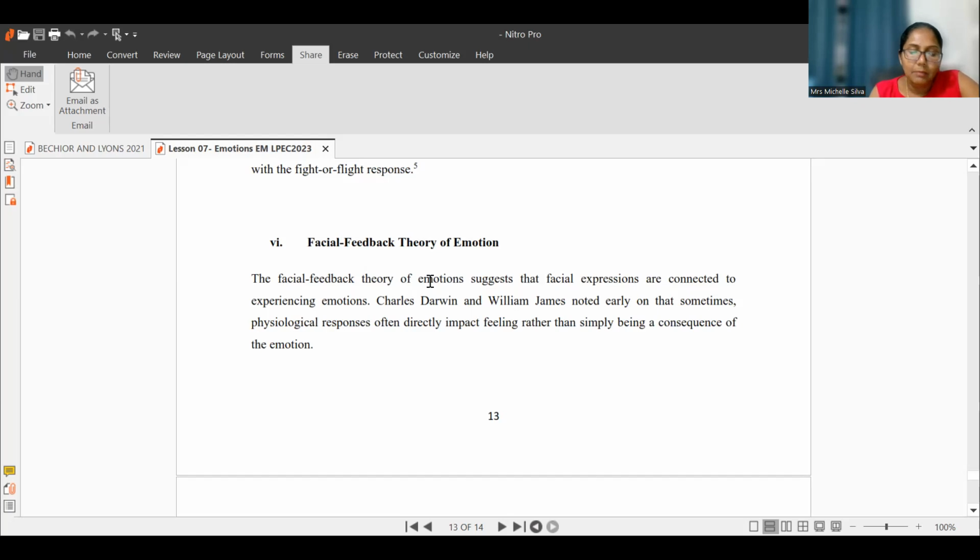Simply it said that facial changes directly affect emotion. So it's really a criticizing statement. Normally what we have realized is that facial expression happens as a result of emotion. But this facial feedback theory says that facial expression is the antecedent of emotion.